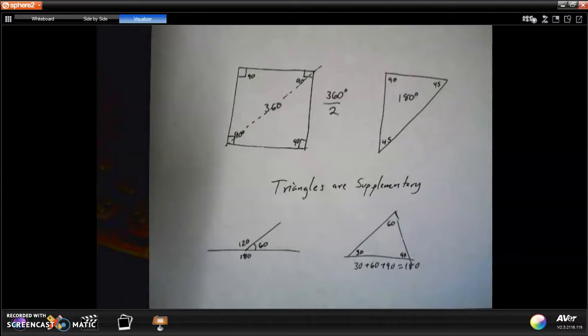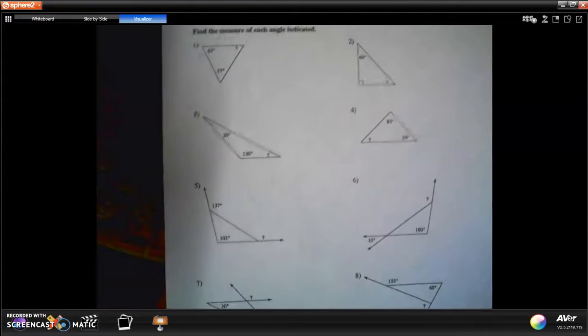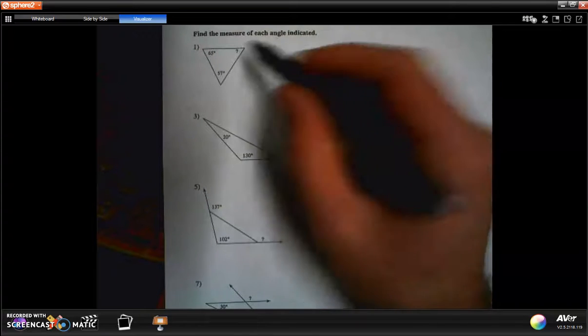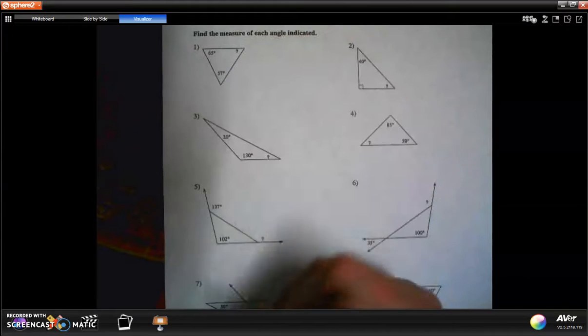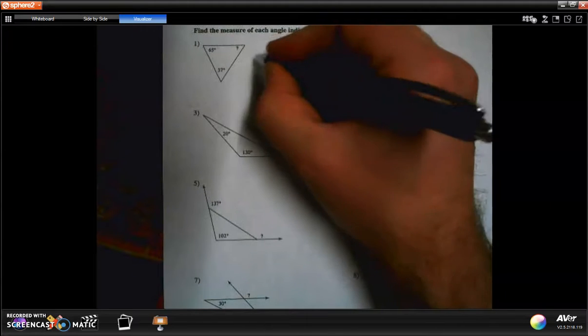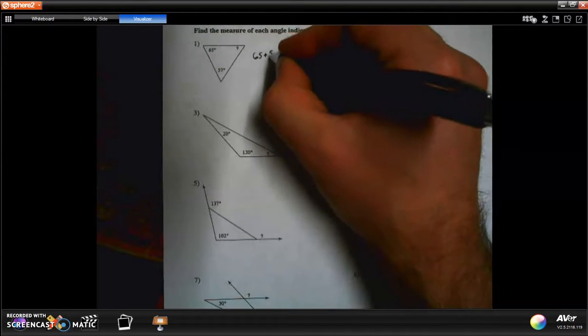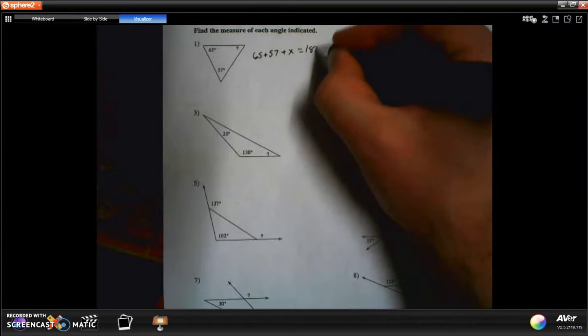Now let me give you an example of how this works. I've got some problems here for you to try out. It says find the measure of each angle indicated. This angle is 65 and that one is 57. Well, I know that 65 plus 57 plus something, I'll call it x, equals 180 degrees.